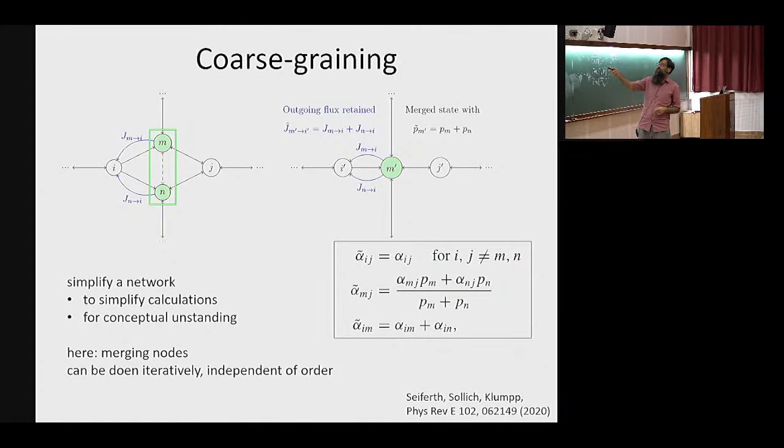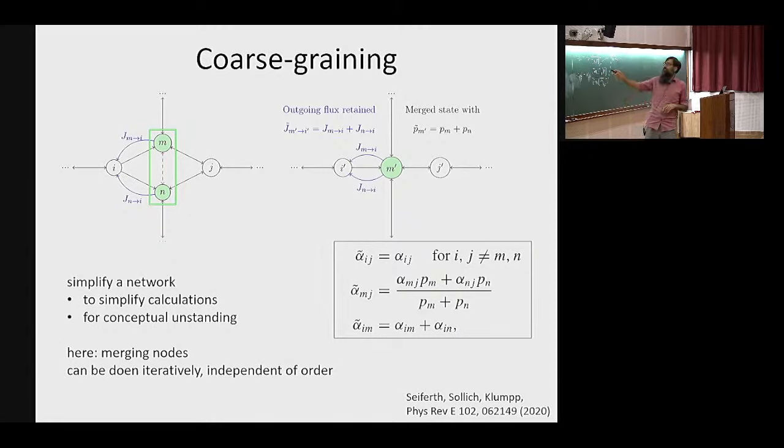And the third condition is that the flux from the merged state into this one, for example, going from the combination of these 2 to I, should be the sum of the 2 fluxes that we had before, so that the total flux that goes back towards I stays the same in this coarse graining step.